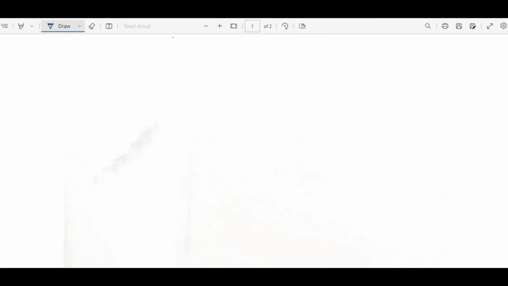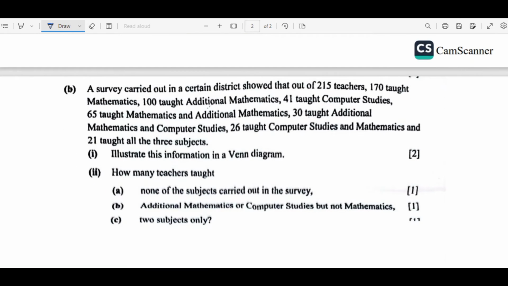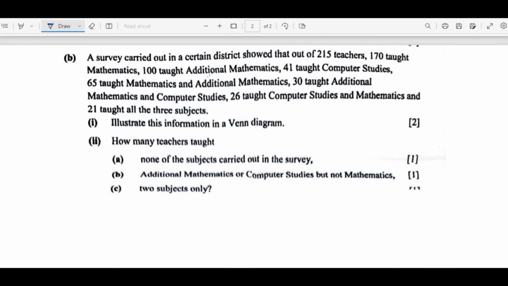We move on to question 2. Under question 2, we are given a set, and the first question is about drawing a Venn diagram. So let's read through the question.